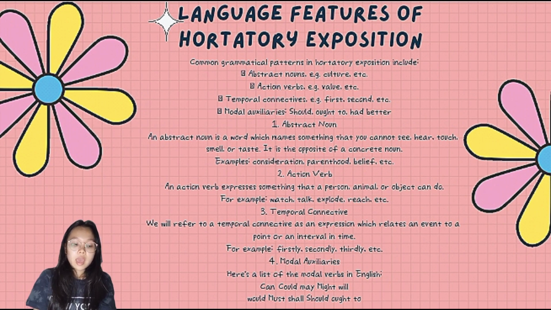Action verbs. An action verb expresses something that a person, animal, or object can do. For example, watch, talk, explode, reach, etc. The third is temporal connective. We will refer to a temporal connective as an expression which relates an event to a point or an interval in time.